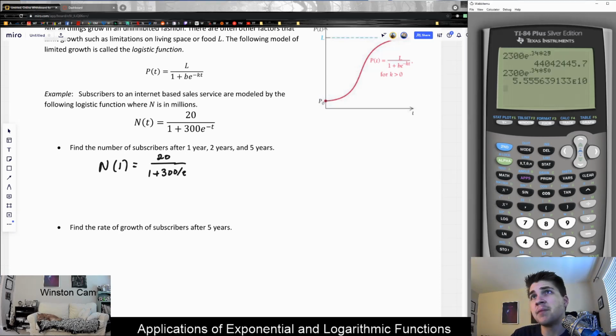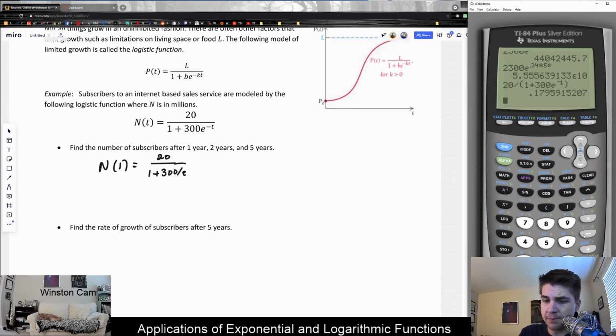I'll type that in: 20 divided by, make sure you use parentheses around the bottom of a fraction, depending on your calculator, and I'll type e to the negative 1, which gives approximately 0.179, or about 0.18.